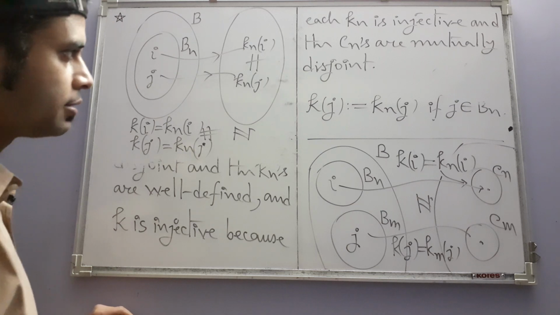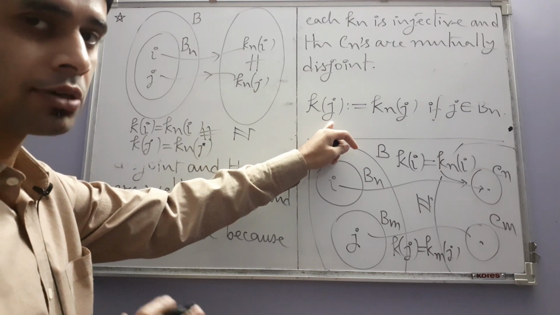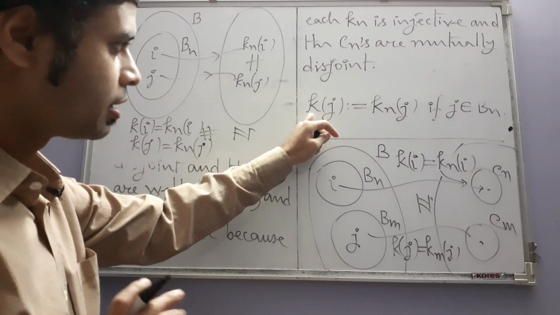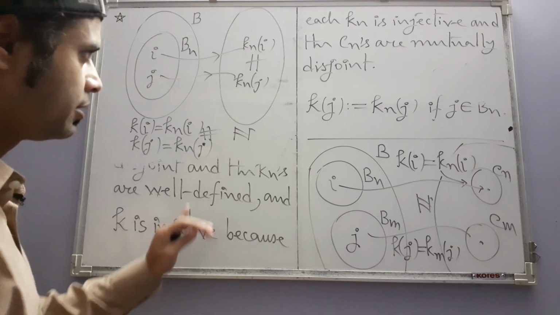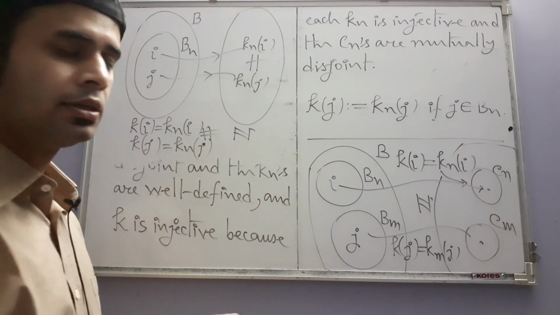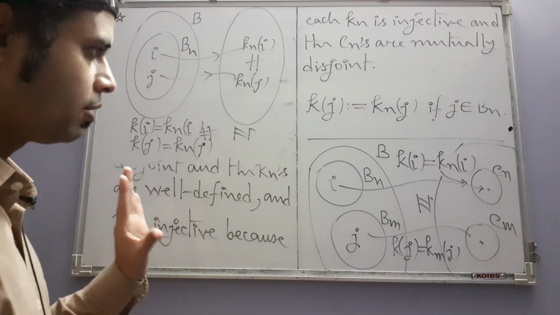So in any case, the outputs of i and j under K are going to be distinct if i and j are distinct. So that is why K is not just well defined, K is also injective. But what have we obtained then?